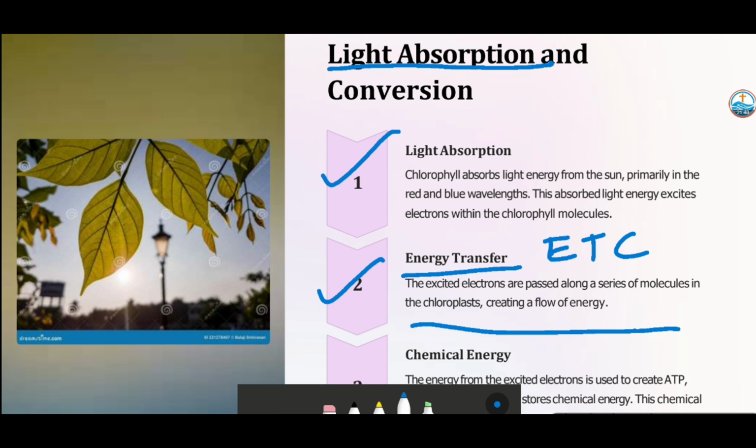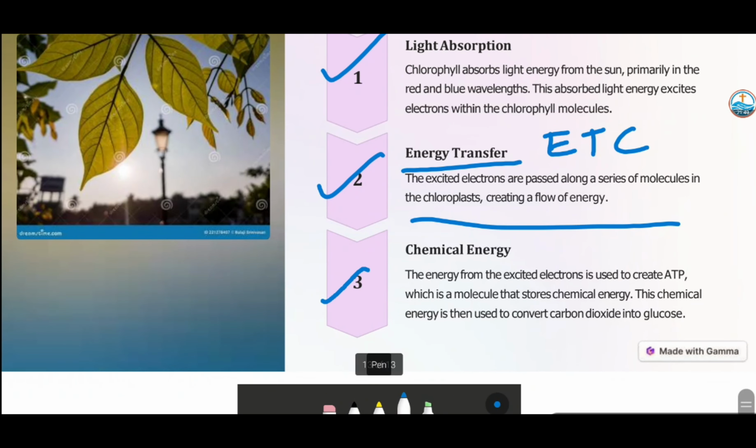Just note down, if I forgot to tell you, that NADPH is an electron carrier. The energy from the excited electron is used to create ATP molecules, and in this way carbon dioxide is converted into glucose, which is used as food, and the plants store this food for the other parts of the plant.